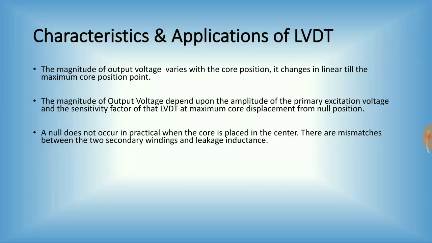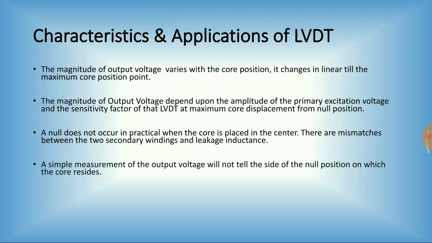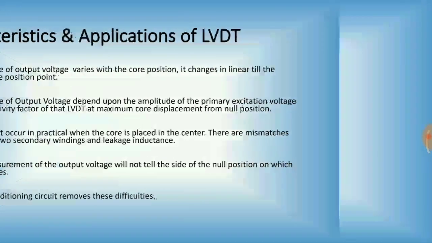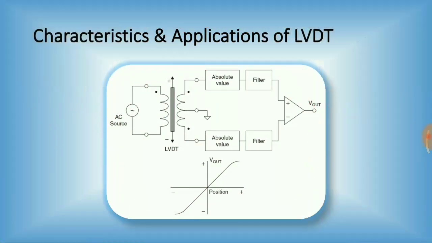There is mismatch between the two secondary windings and leakage inductance. As simple measurements of the output voltage will not tell the size of the null position on which the core resides, the signal conditioning circuit removes these difficulties. This is the characteristics of DC output voltage.